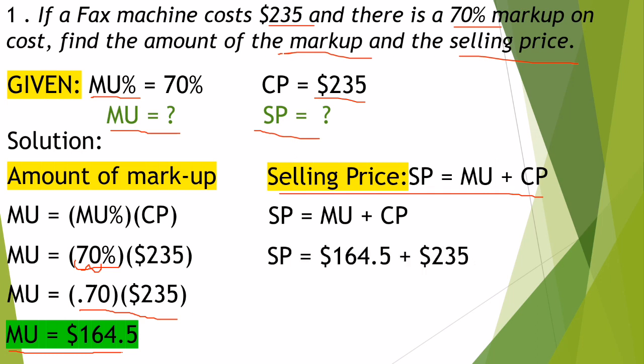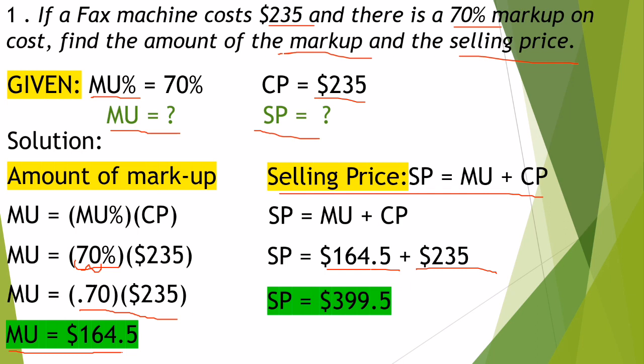So SP is equal to our MU 164.5 from here, and then plus CP, which is 235. And adding 164.5 plus 235, we have SP is equal to $399.5. So it's up to you which is easier or better, the first way or the first example or this example.